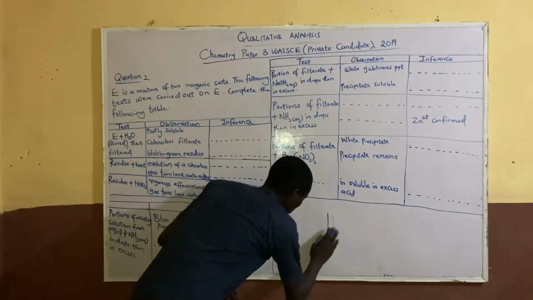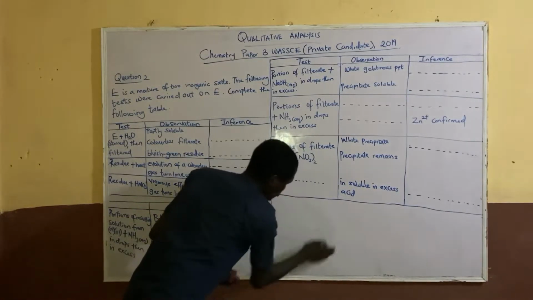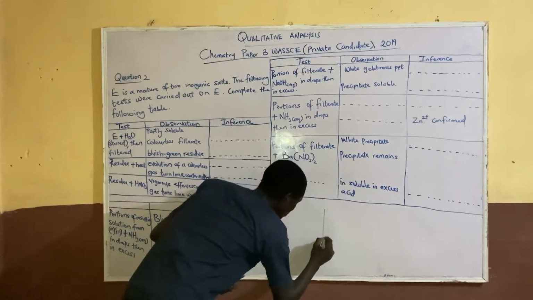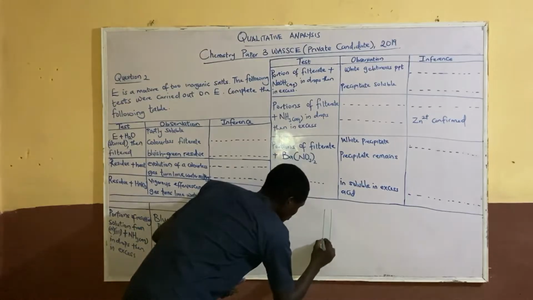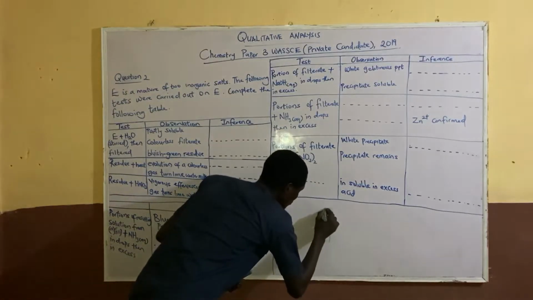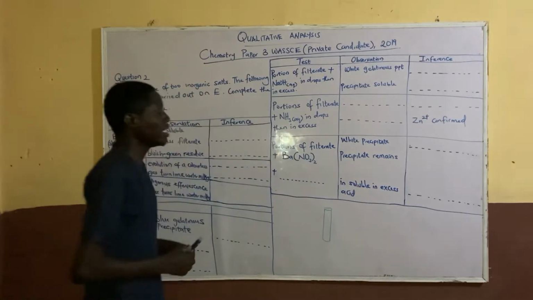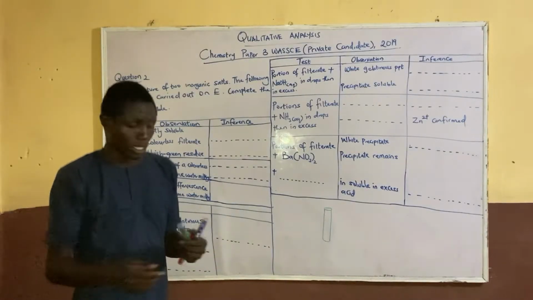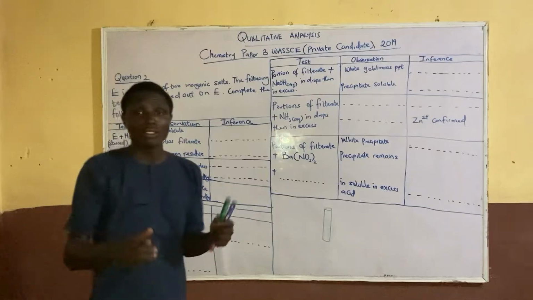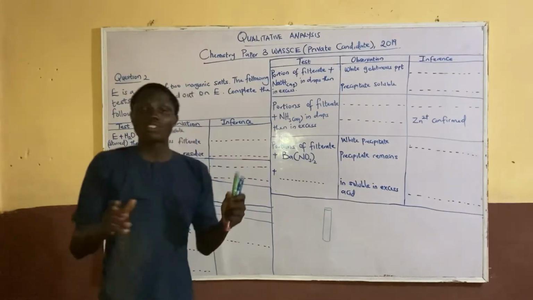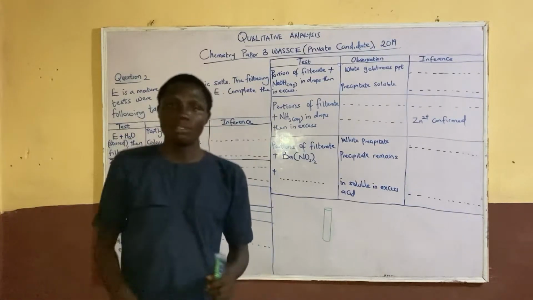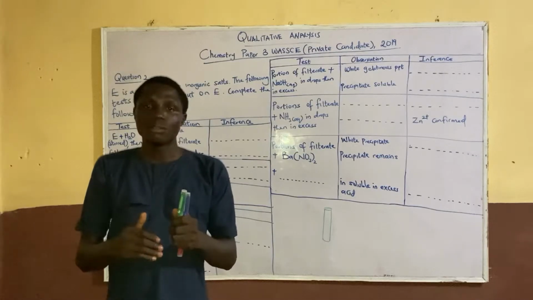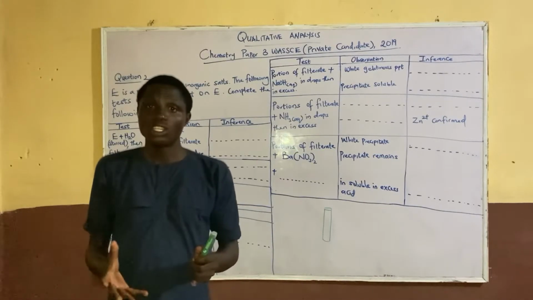in a test tube, we have the substance. Let me use a green marker. A substance that is insoluble in water will stay at the bottom of the solvent.